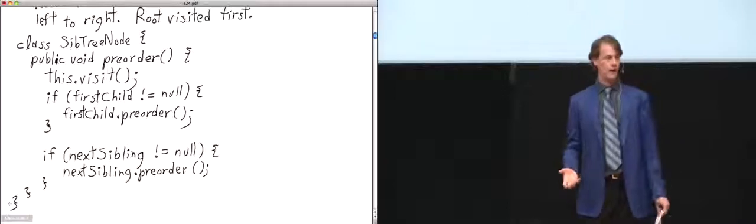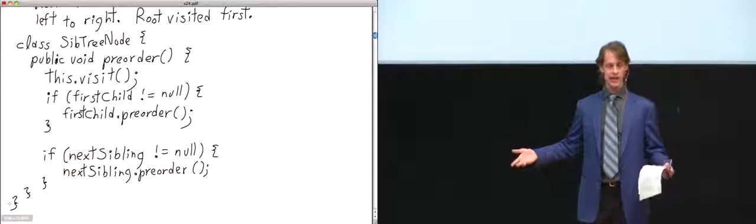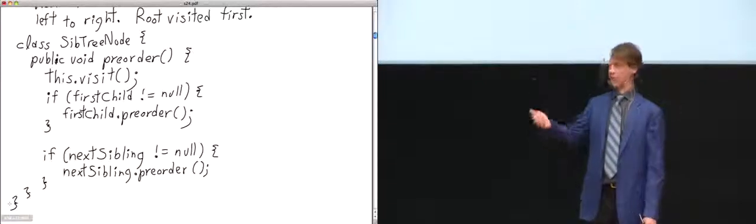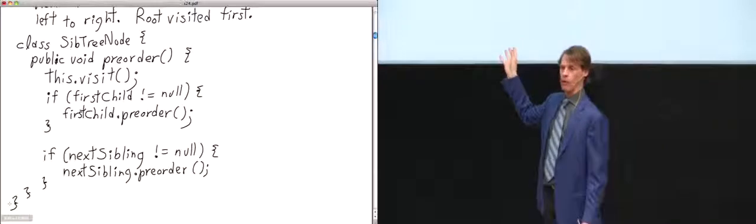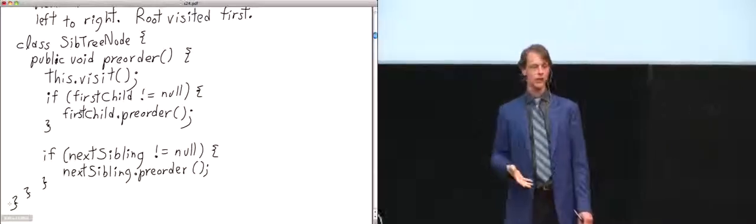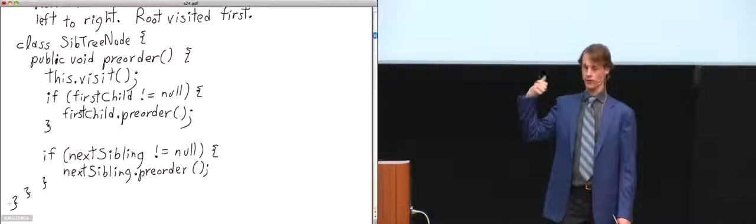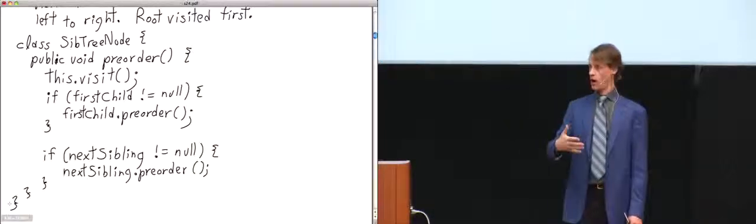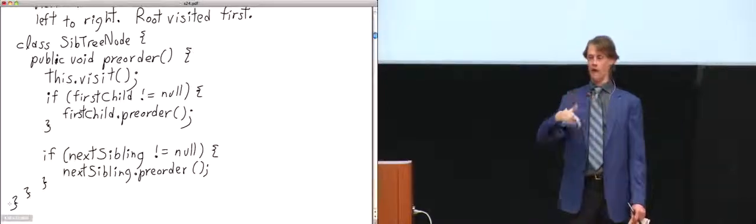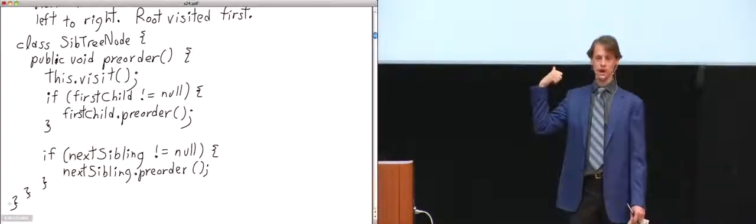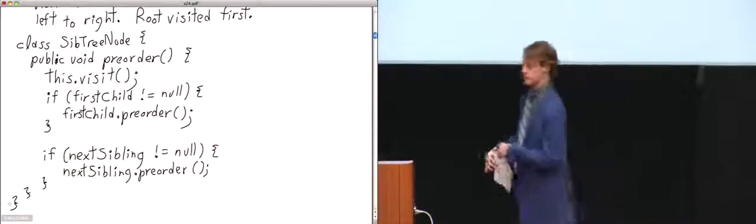I strongly recommend that you practice it. And by practice it, I mean sometime after class or when you have free time, take a piece of paper, take this code, take the directory tree that I showed you before, and simulate the computer and try to draw what the computer would do as it runs this code. Draw the stack, draw the tree, draw the variables, see how the recursive structure of this pre-order method calls itself.